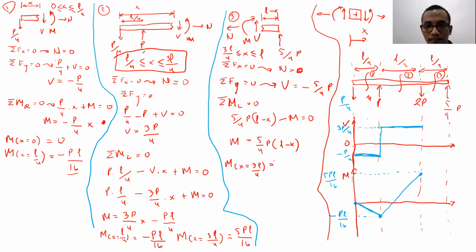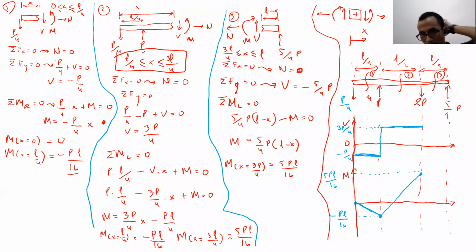What is the value there? The value at 3L over 4 is 5PL over 16.